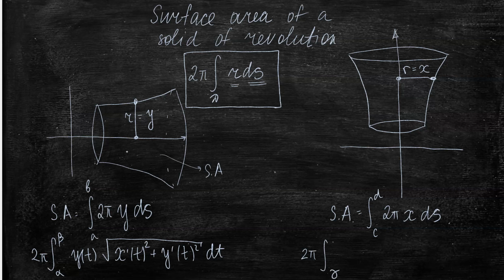Let's make it from gamma to delta. We're going to have x of t and this. So it's pretty straightforward, or as expected at least.